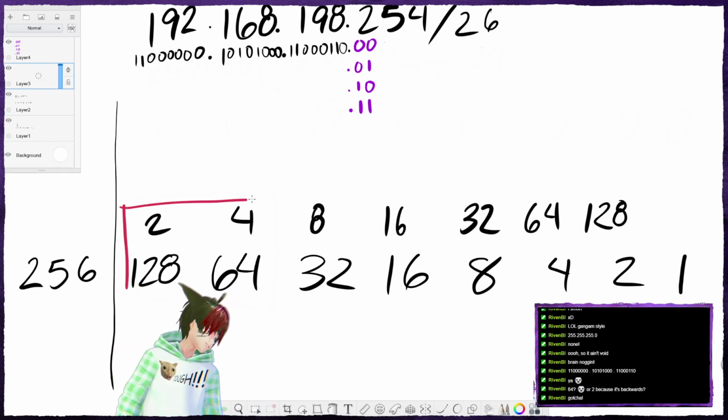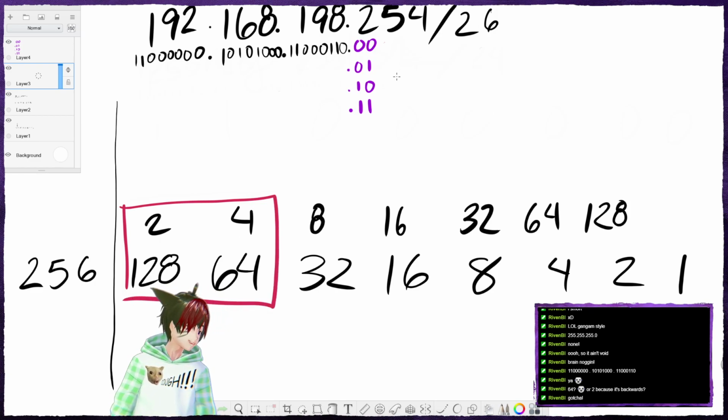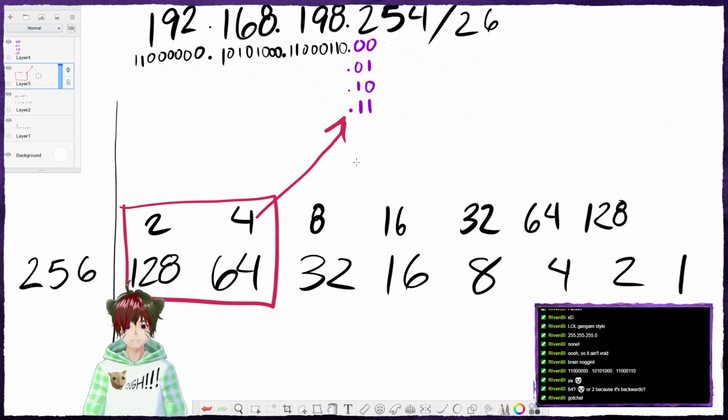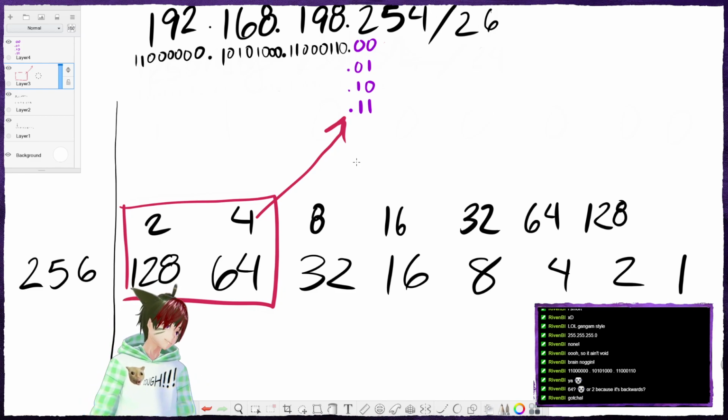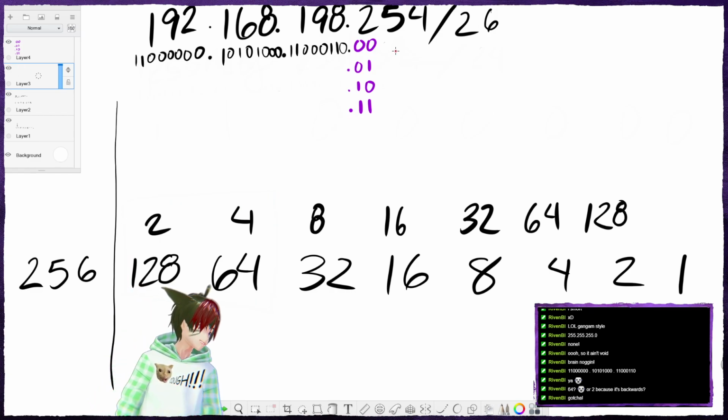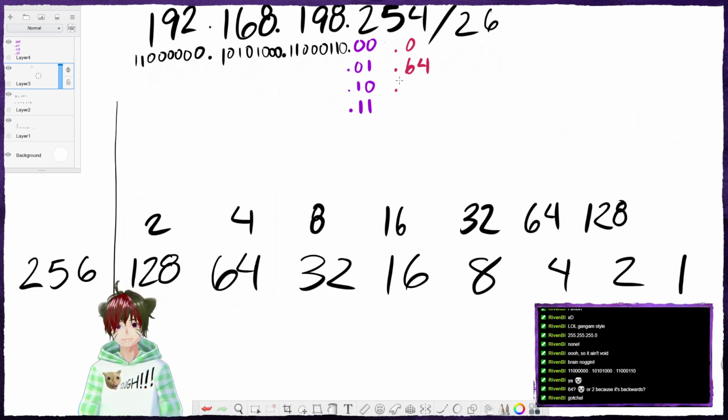Because now you know how many networks you have. So we know this is .0. This is .64 as you said, right? Now what's this one? The third one.